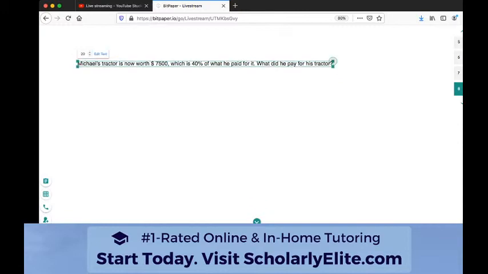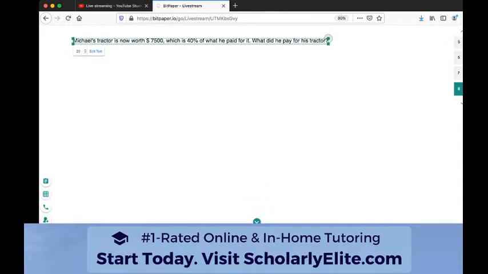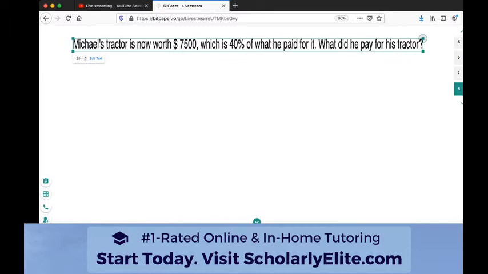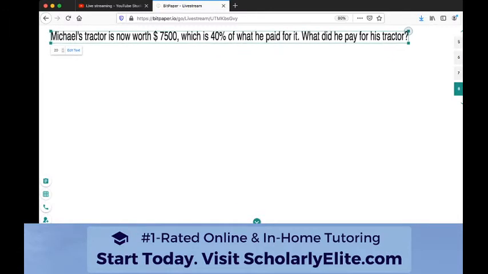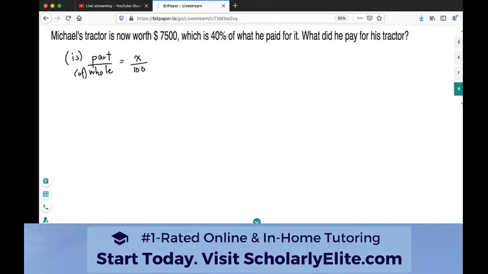Okay, so a couple things we want to note here. First, I'm going to make this large enough so everyone can see. Great. Alrighty. So what are some things that we want to think about here? Again, as soon as I see a question type like this, the first thing I want to write down for myself is our equation. Part over whole equals x over 100.